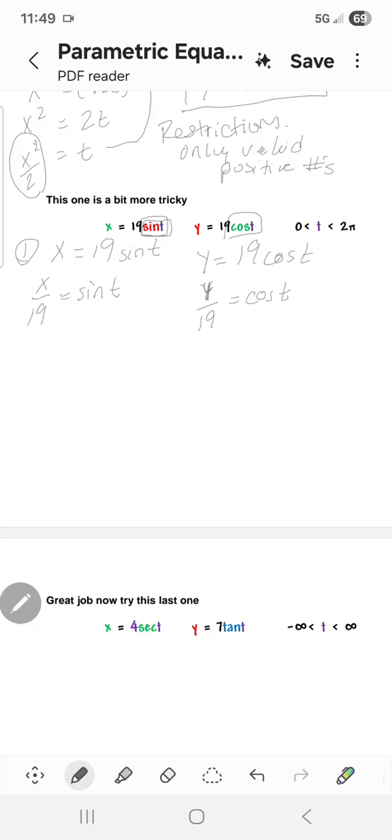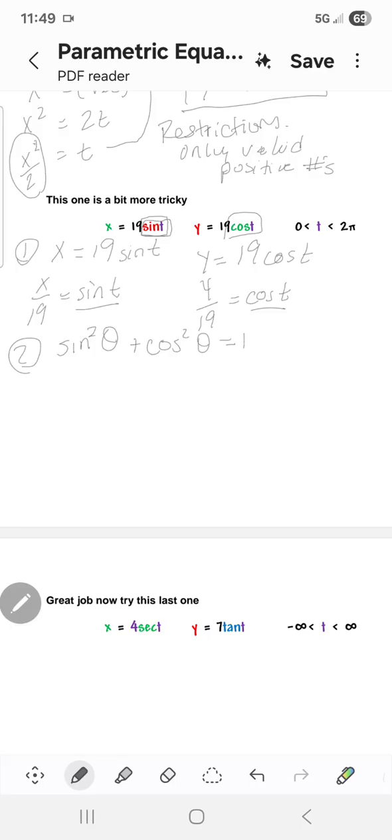Now we have to use a little bit of a trick, a trig identity. Everybody loves trig identities. What do I have? I have sine and I have cosine. The one trig identity I know is that sine squared plus cosine squared gets me a 1.